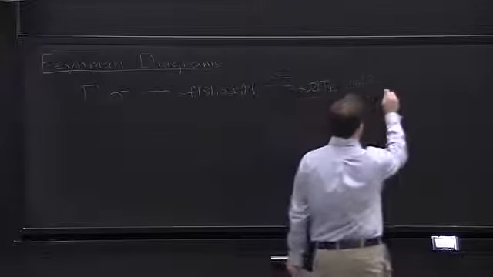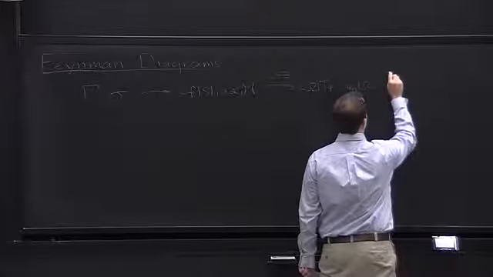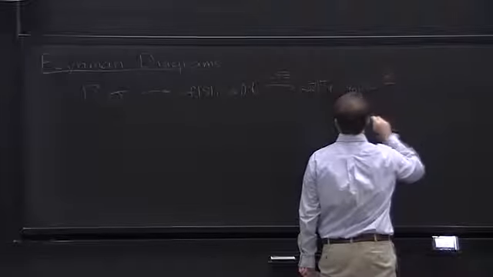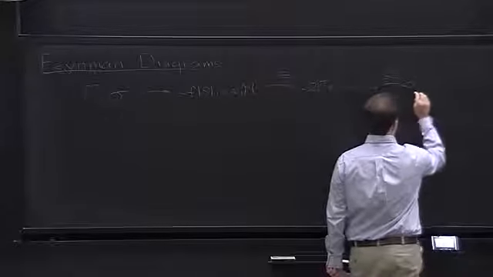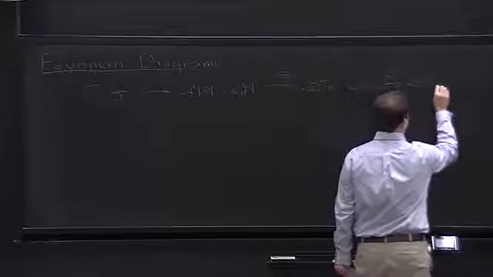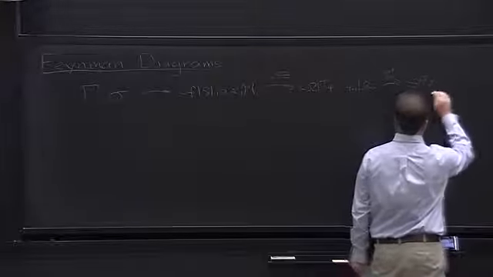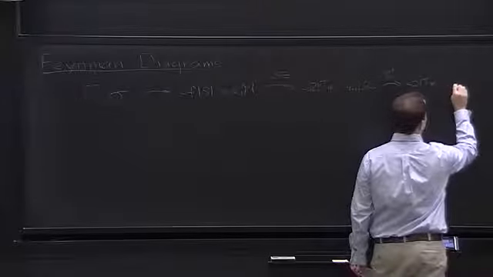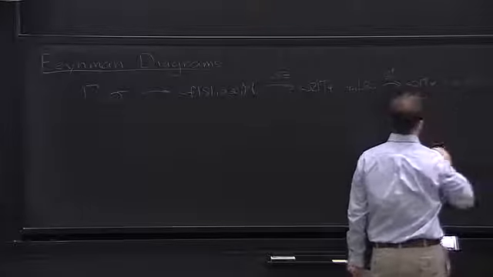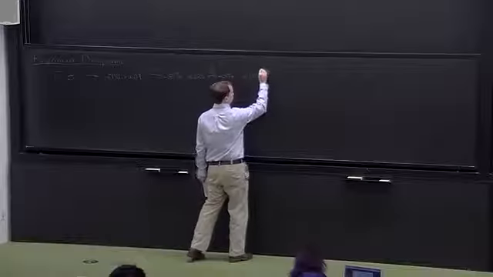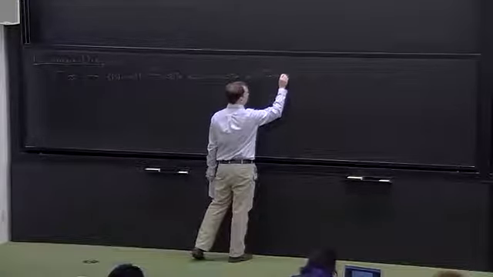And by going to the interaction picture, we could relate those Green's functions to Green's functions in a free theory, or time-ordered expectation values of interaction picture fields, which we can then compute using Wick's theorem by relating this to the Feynman propagator.